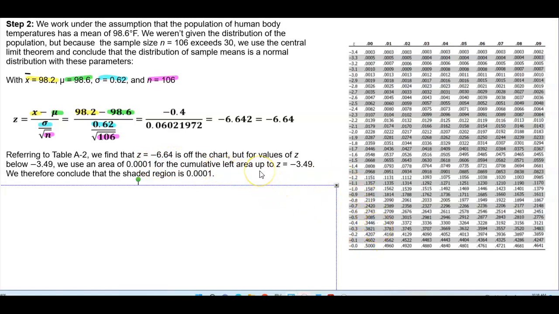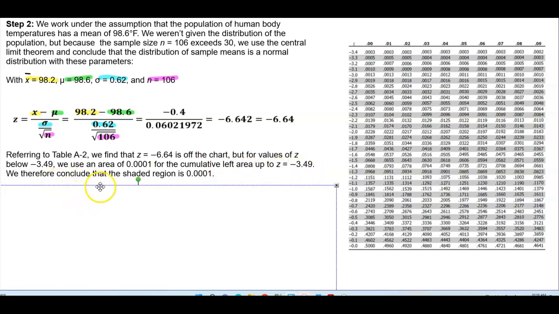is off the chart, but for the values of z that are below negative 3.49, we use an area of 0.0001 for the cumulative left area up to z equals negative 3.49.